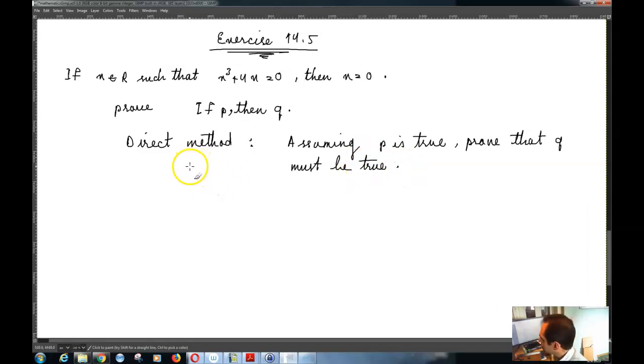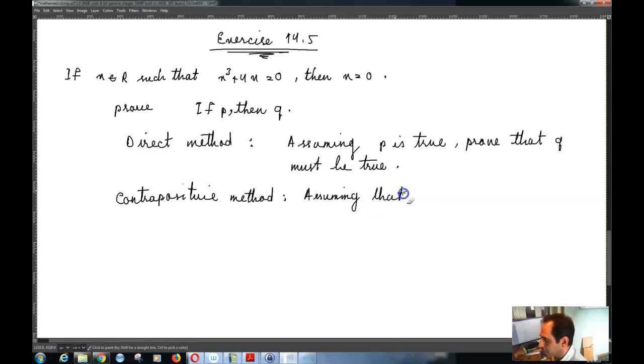And there was another method called the contrapositive method: by assuming that Q is false, you prove that P must be false.